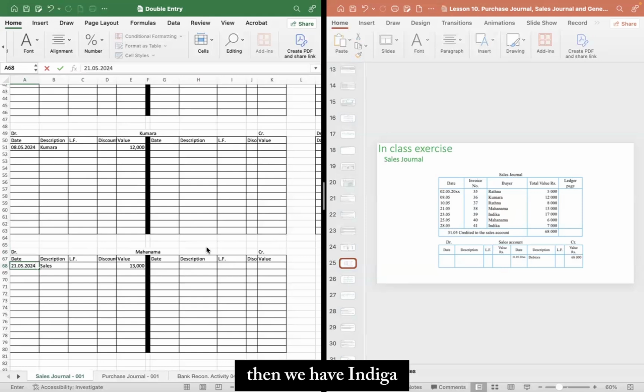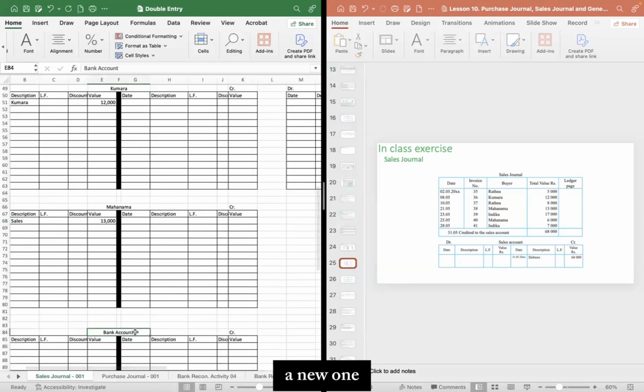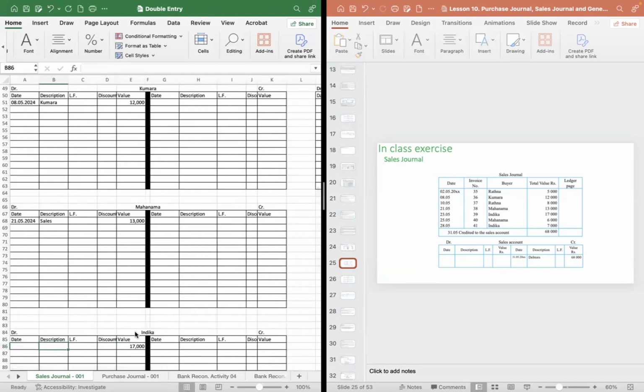Then we have Indika, a new one. Indika 17,000, sales, 23rd of 05.